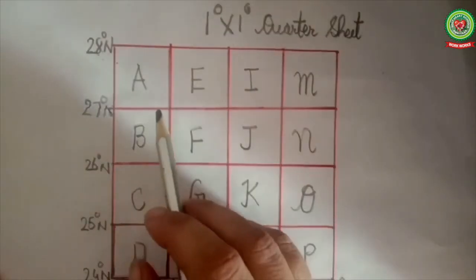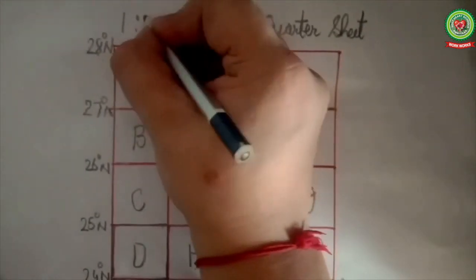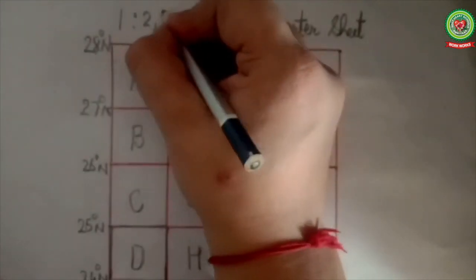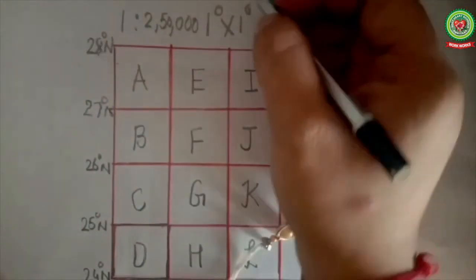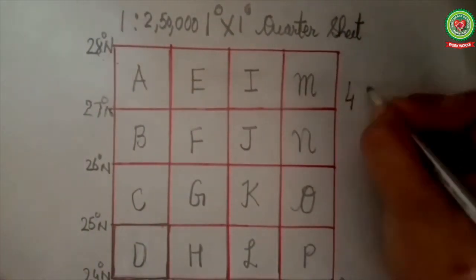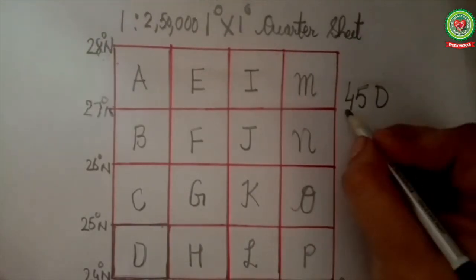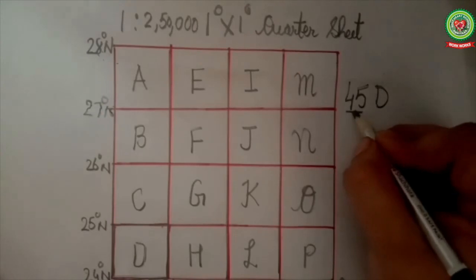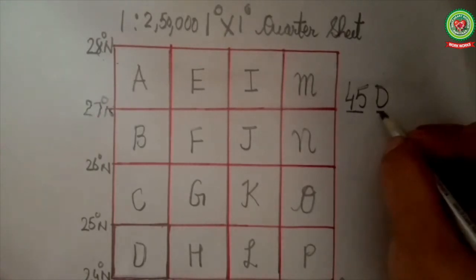In this way, we have reduced our scale of the map to 1:250,000, and we have got number 45D here. 45 stands for Rajasthan and D stands for the district of Rajasthan.